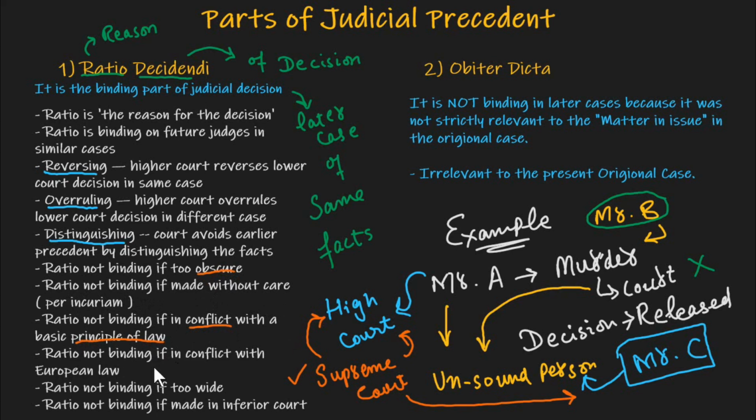Ratio is not binding if it conflicts with European law, and ratio is also not binding if it is too wide. For example, it is difficult to link it with a specific situation. Also, the ratio is not binding if made in an inferior court, like the High Court precedent is not binding on the Supreme Court.